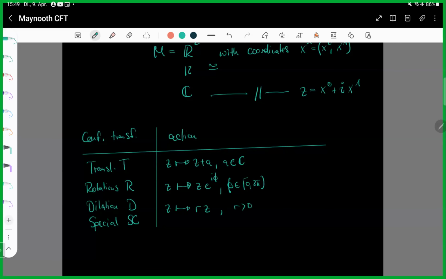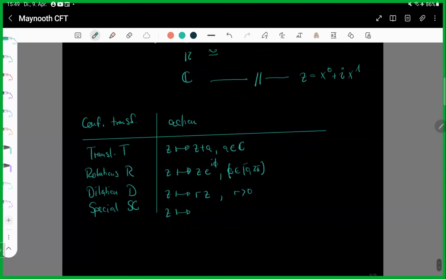And the special conformal transformation, let's see. So this just takes a bit of sitting down and taking the nasty expression that I wrote above. And here you have an answer to your question, at least in 2 dimensions.